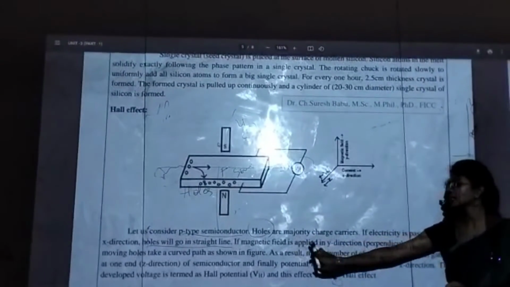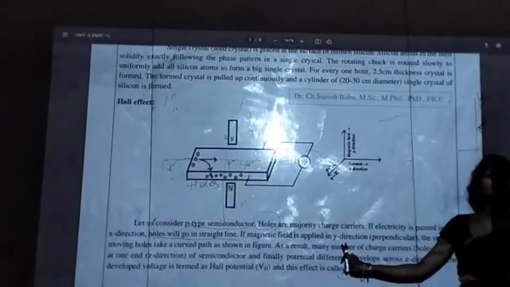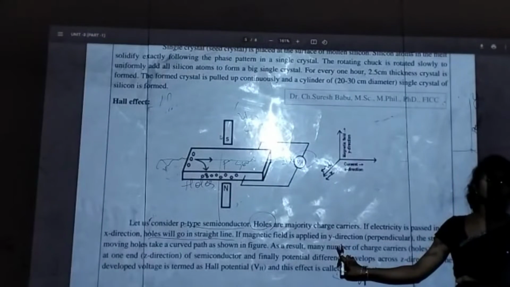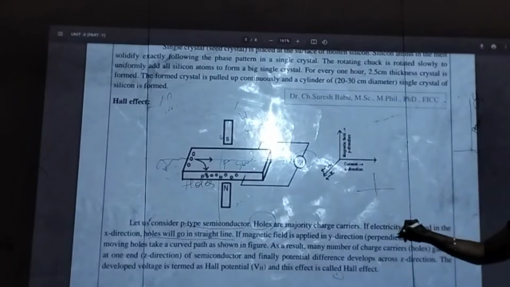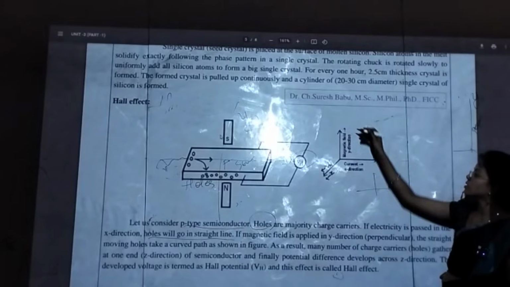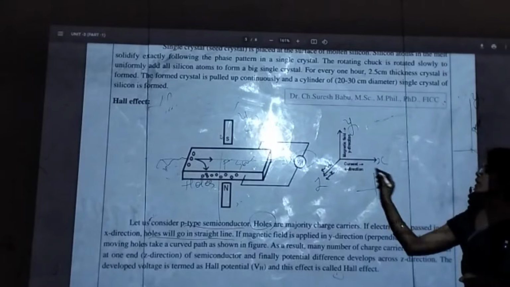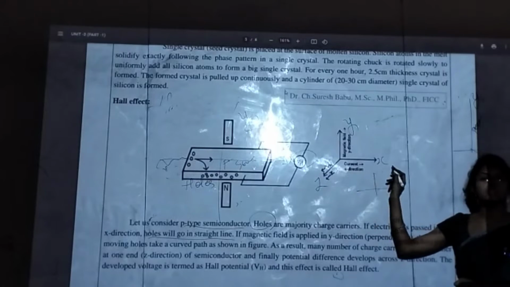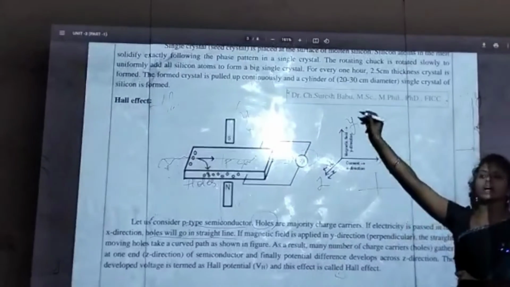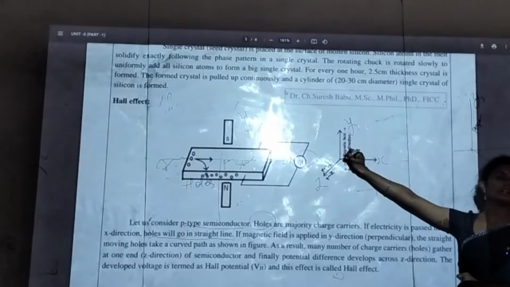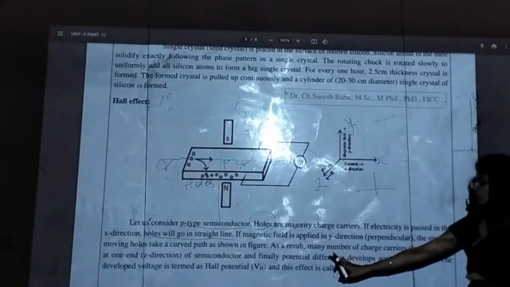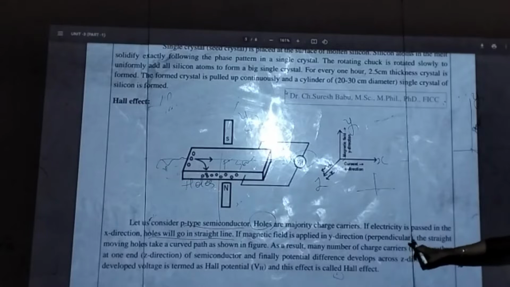In which direction are we going to apply it? Perpendicular, right? That means direction y. So here it is x, y, z. The direction of holes is the x direction, and I am going to apply the magnetic field in the y direction, so the directions are perpendicular.